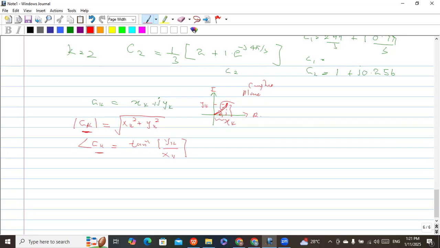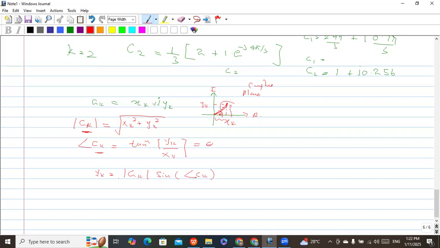The phase of Ck can be written as theta. Again you can represent this complex number using this magnitude and phase. yk will be the magnitude of Ck times sine theta, where theta is the phase of Ck.